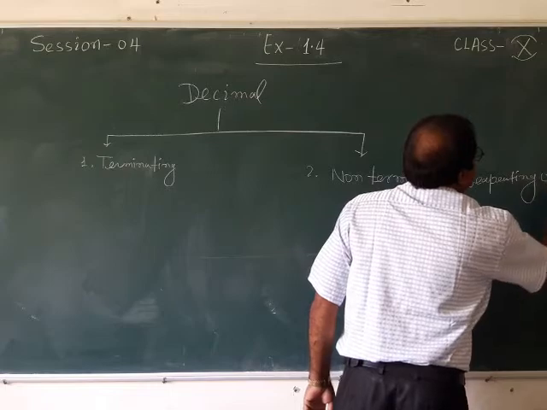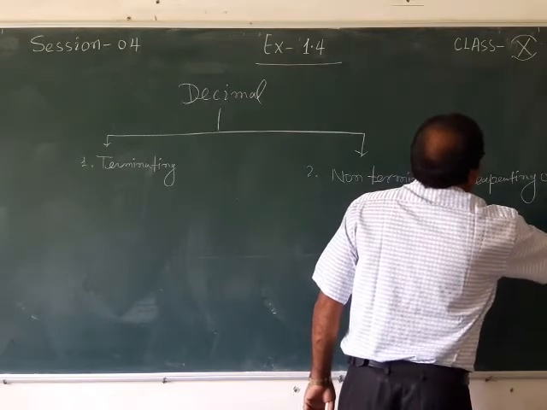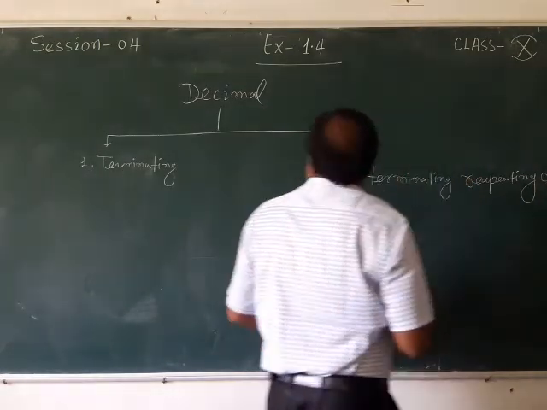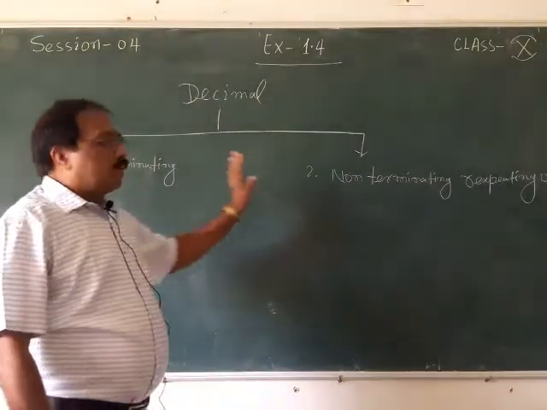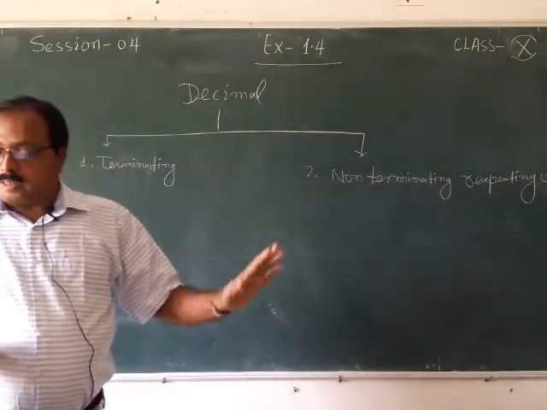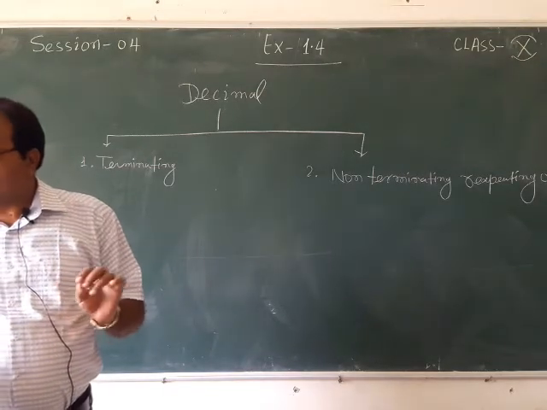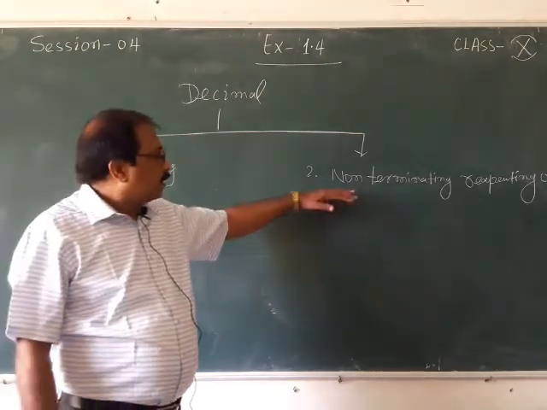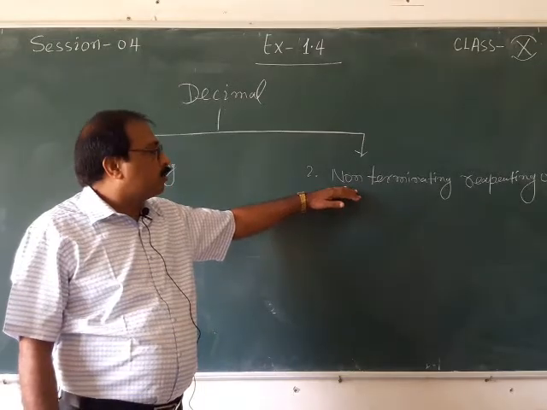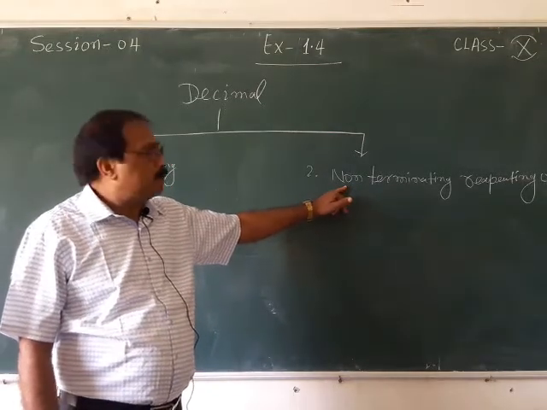So we have these two types of decimals basically. But besides that, there is one more decimal, which is non-terminating and non-repeating.